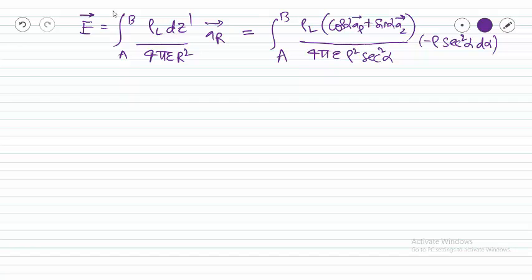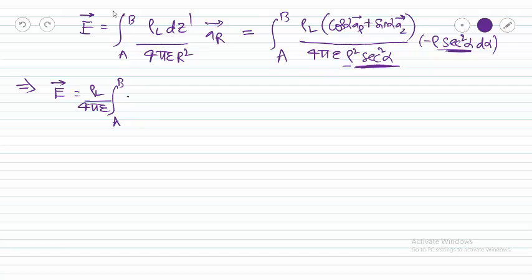Okay, so this implies the electric field intensity at a point P is given by integral from a to b, and now I can bring rho L by 4 pi epsilon outside. So rho L by 4 pi epsilon, integral a to b cos alpha a rho bar plus sin alpha a z bar. And if you look, here I am having secant square alpha, here also secant square alpha, here rho square, here rho.